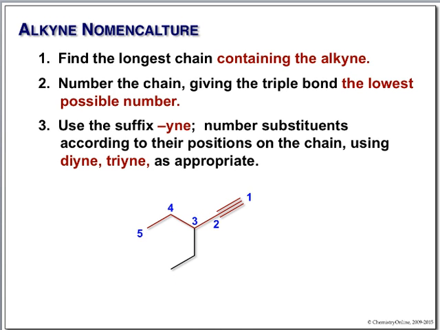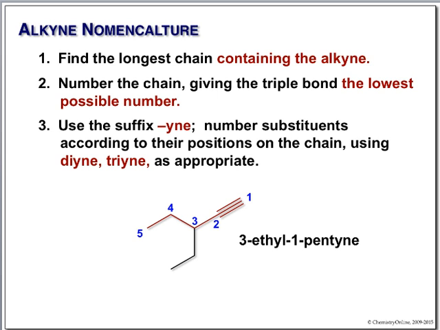And finally, we look at substituents just like we do with everything else. Here at carbon number 3, we have an ethyl group. Therefore, it's a 1-pentyne. At carbon number 3, we have an ethyl group. And so the acceptable name would simply be 3-ethyl-1-pentyne.